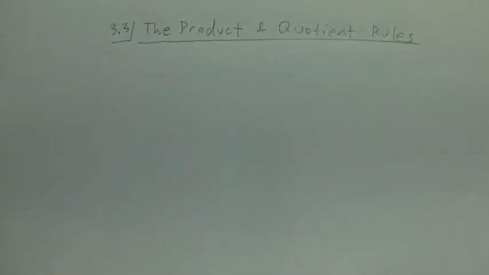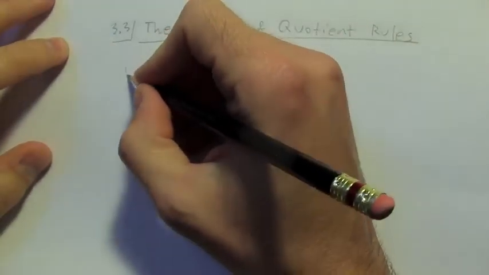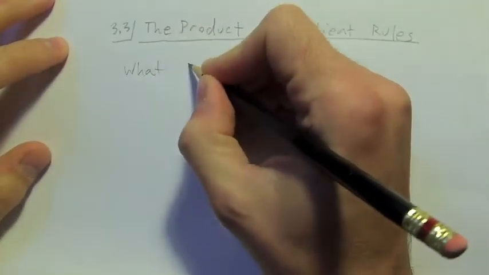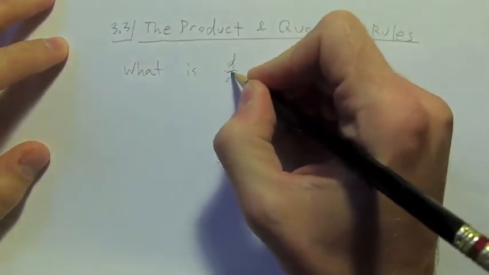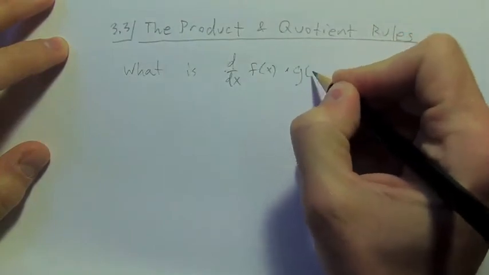This stems from the question that we brought up last time, which is basically what is the derivative with respect to x of f of x times g of x.